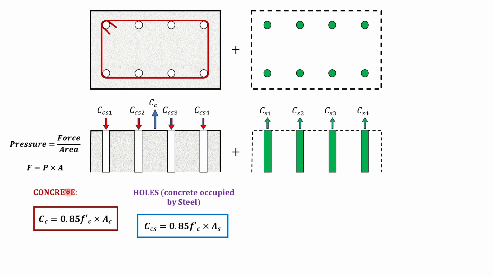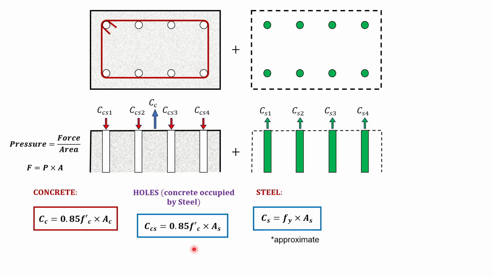Therefore, the pressure must be 0.85 F prime C times the area is now area of the steel, because this hollow here is actually occupied by the steel before. Then for the steel, we have here C sub S is equal to the pressure acting for the steel is simply the yield stress Fy times of course the area AS.